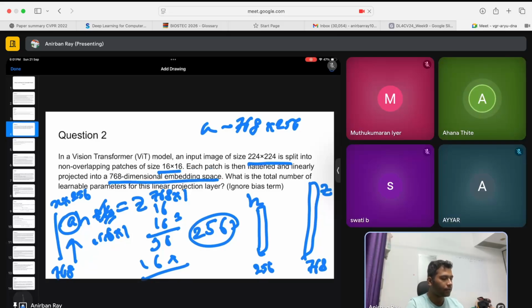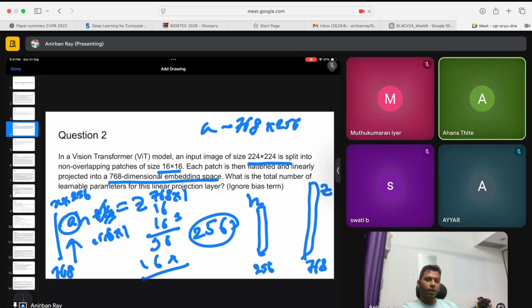That's a good point. So what they are saying is that you must understand this linear projection layer. This linear projection layer has two parameters, A and B. They have told us to ignore B first of all.